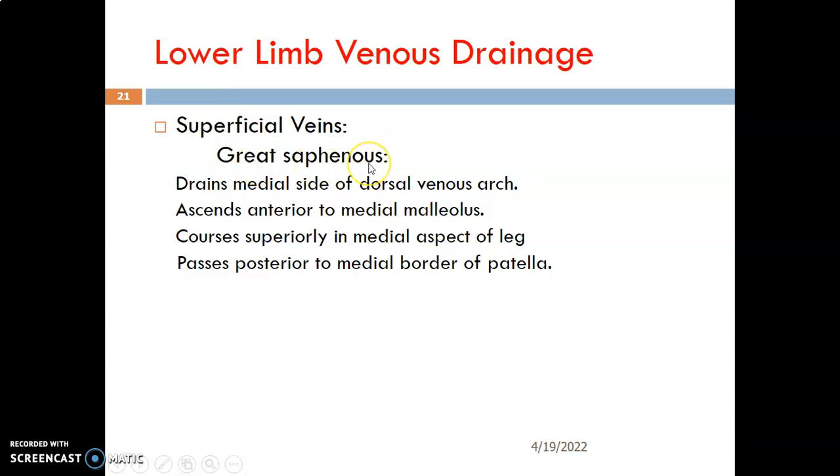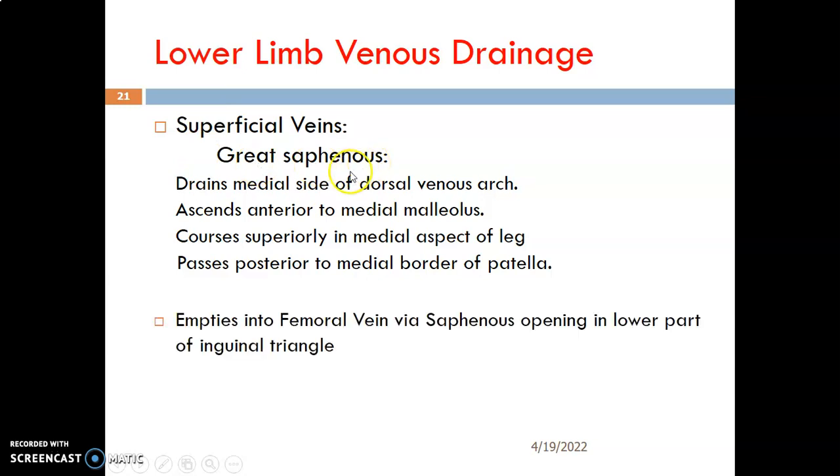So, great saphenous vein. Write notes on the great saphenous vein. This vein usually drains the medial aspect of the dorsal venous arc. It is formed by the medial portion of the dorsal venous arc and the medial marginal vein of the first toe. Then it ascends a finger breadth anterior to the medial malleolus.